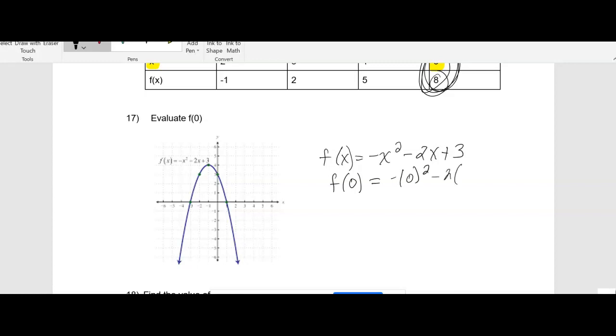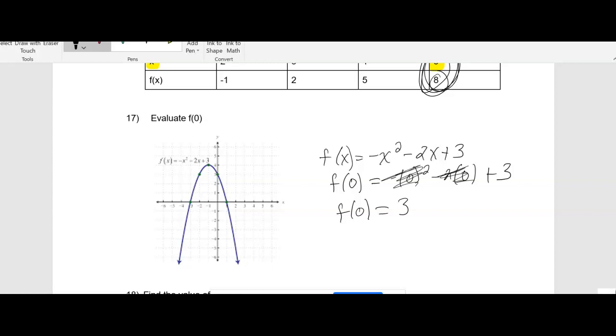And then I'll show you the other way we can do this, which is probably quicker and easier. So wherever you have an x, plug in a 0. So this whole first term is going to go away because there's a 0 here. The second term is going to go away because you have a 0 there. All we're left with is a 3. Totally viable way to do that. If you have the equation, just plug it in.